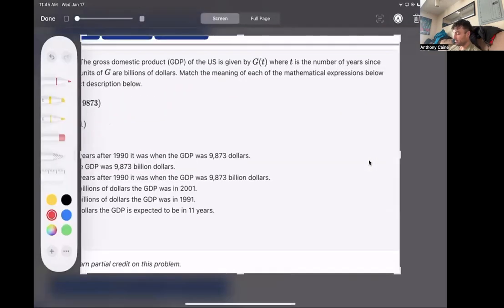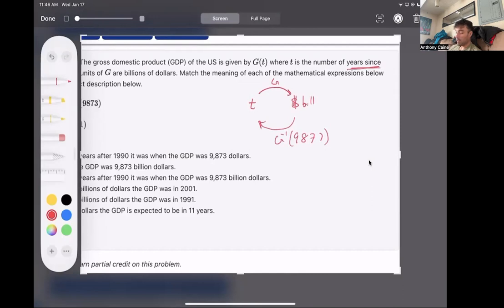All right, here's the idea. You tell me T. I do a computation whose name is G. And then that will tell me the billions of dollars for that given year of GDP. Okay, so G inverse goes the other way. So G inverse of 9873 is asking, okay, now this says years since.